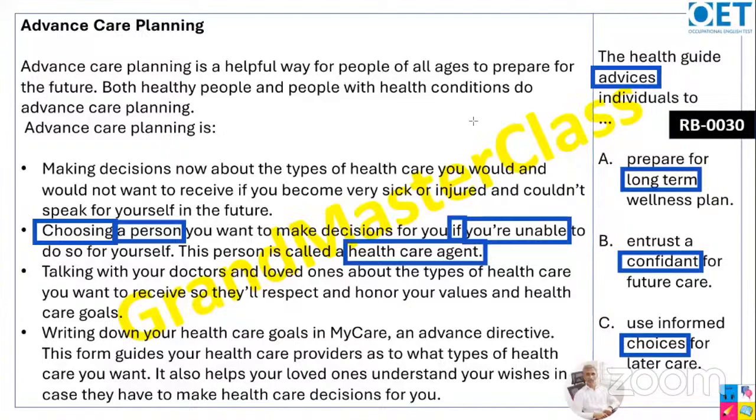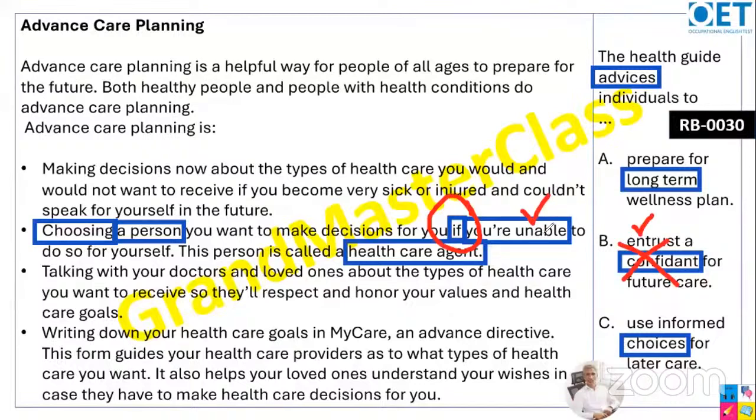So this is not always necessary. This is a conditional. A confidant is not necessary if you are okay, only if you are unable to do it. If this condition, then this is okay.